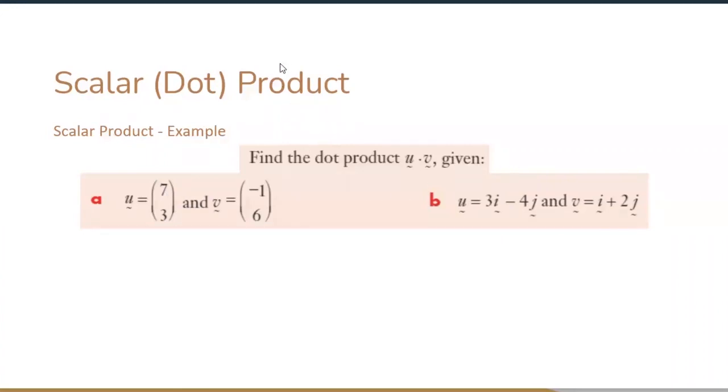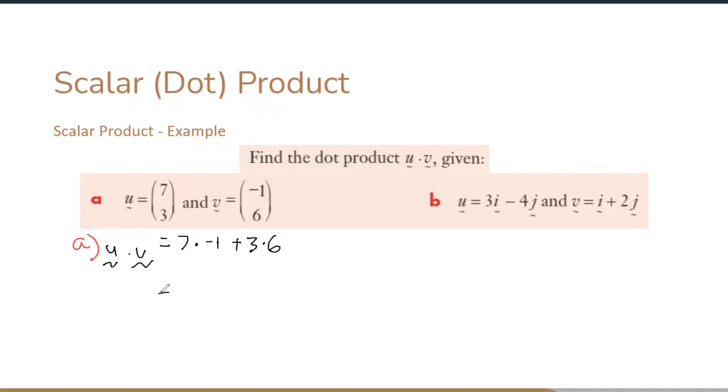And it doesn't matter what form we represent the vectors in, we're still going to be able to do the same thing with them. So if we want to do the dot product for the first one, we're going to multiply the x components. And so u dot v, we're going to have 7 times minus 1, plus 3 times 6.